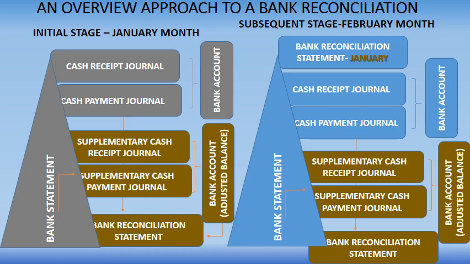The statement will also include the closing balance as per bank statement of February. This statement will then be concluded by bringing in the adjusted closing bank account balance of February.